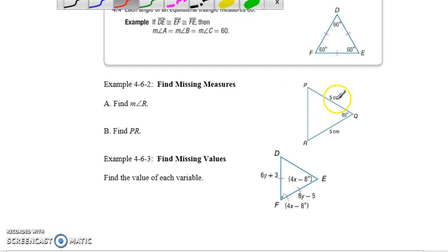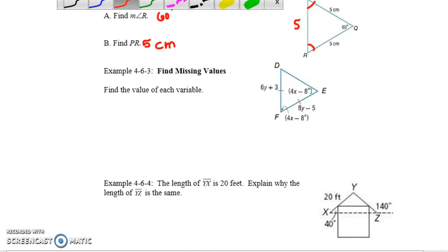If this is 5 and this is 5 and this is 60, then that would have to make each of these congruent because the sides here are congruent, and if they're congruent and that's 60, then those would both be 60 degrees as well. So that would make this side, since it's equiangular, 5 centimeters, since it would make it equilateral as well.